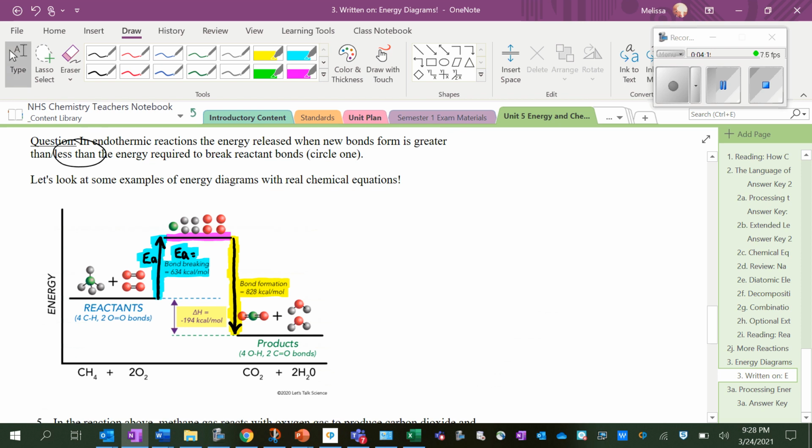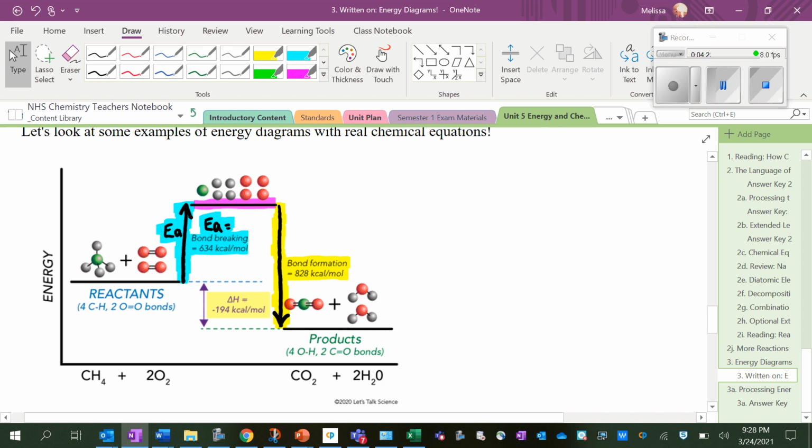Let's look at some examples of energy diagrams with real chemical equations. So here we've got methane, CH4, reacting with two oxygen molecules, and their bonds break. Look, they're all single. This is the singles party. Single, woo! And then they rearrange and they form new things.